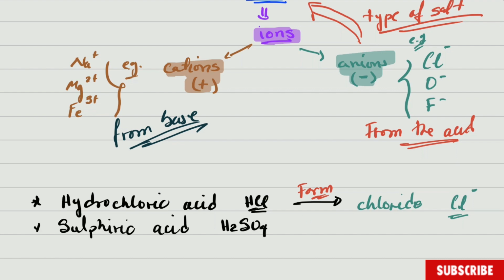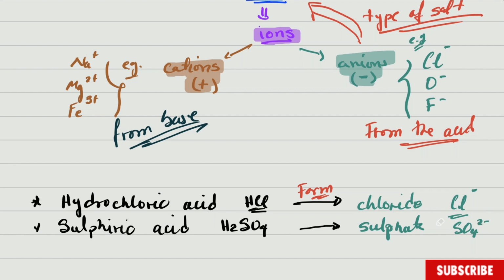Okay, the other example is sulfuric acid. Sulfuric acid will always form a sulfate, which will have the sulfate ion, SO4 2-.